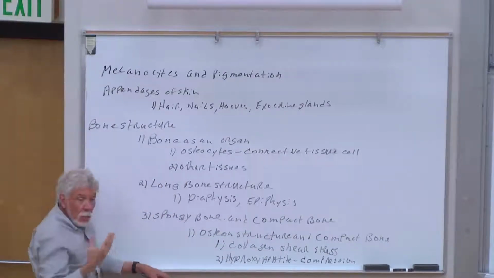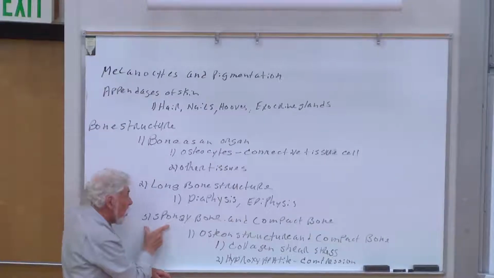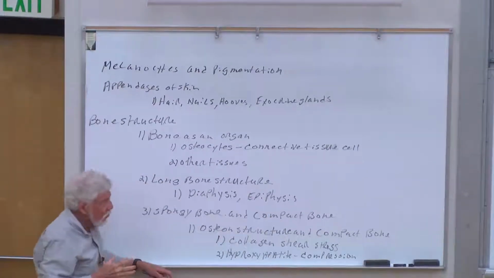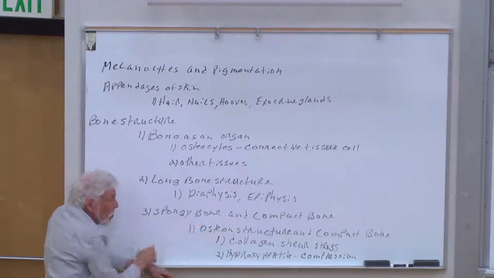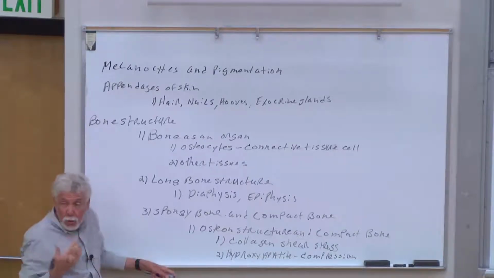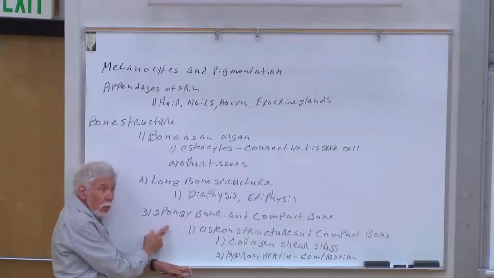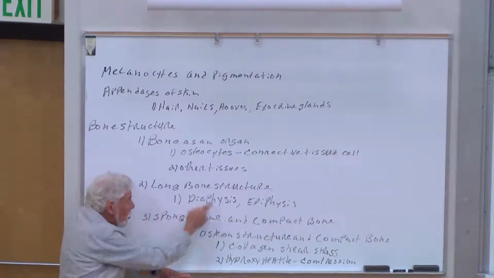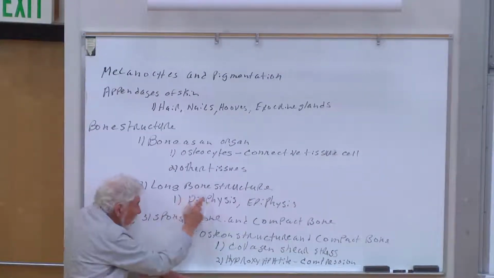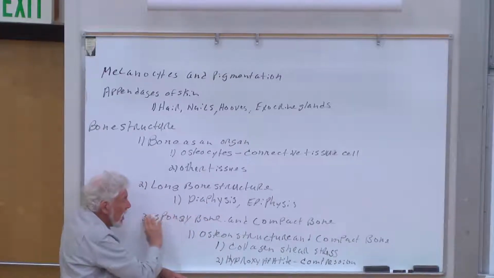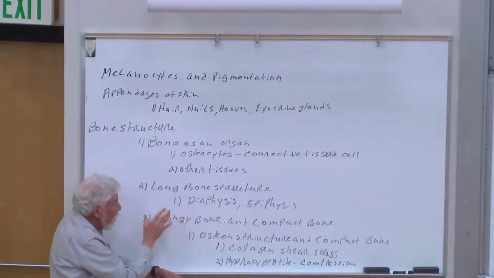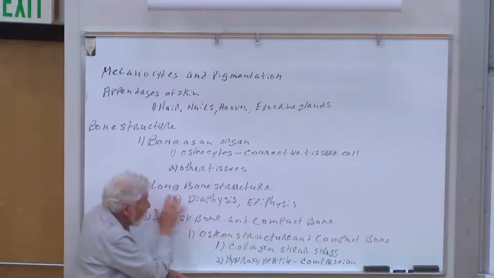The rules are pretty much the same for these, but in fact, spongy bone and compact bone look a little bit different in their organization. The spongy bone is going to look like a series of struts or spicules, and although the organization of those struts will appear random at first glance, it turns out that the orientation is best explained by the way weight is distributed.